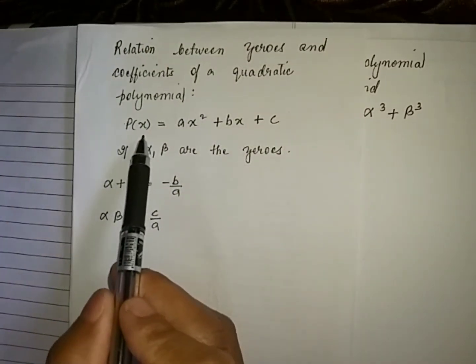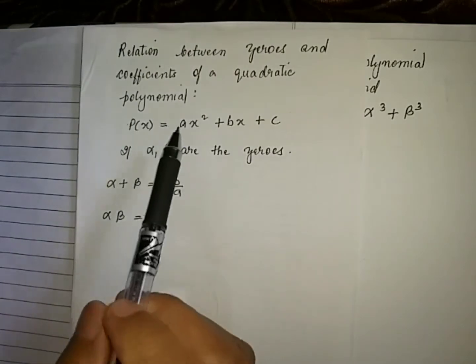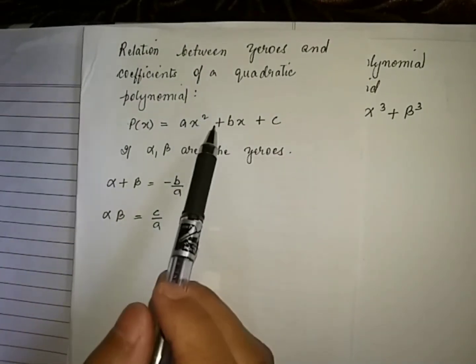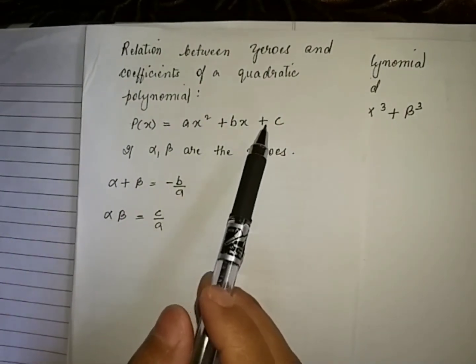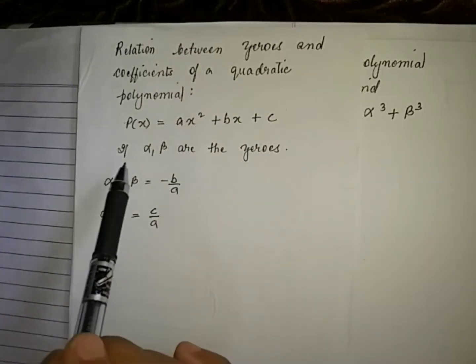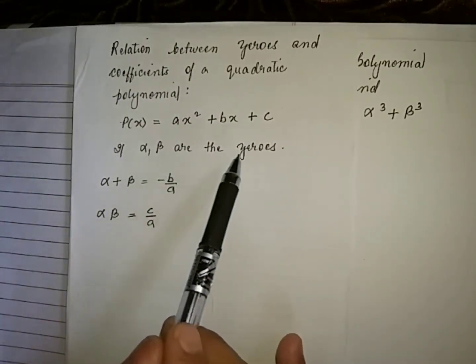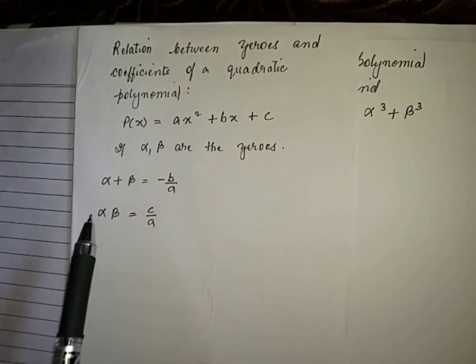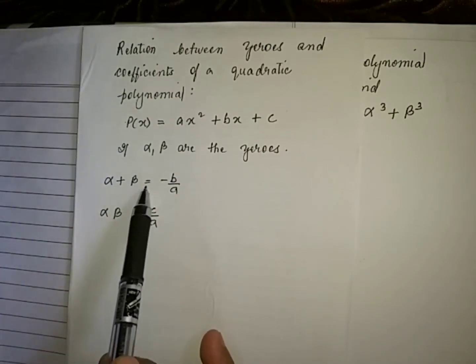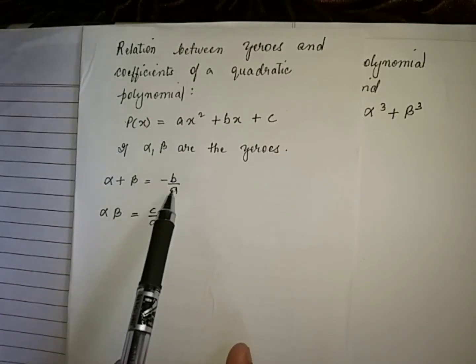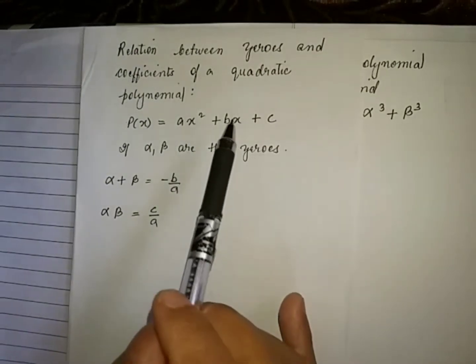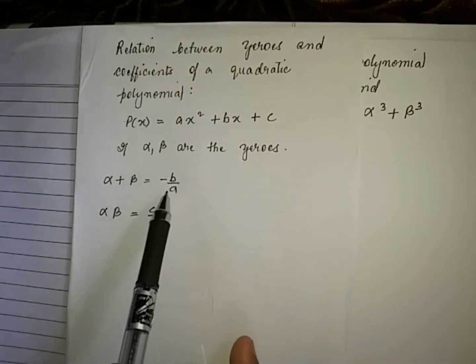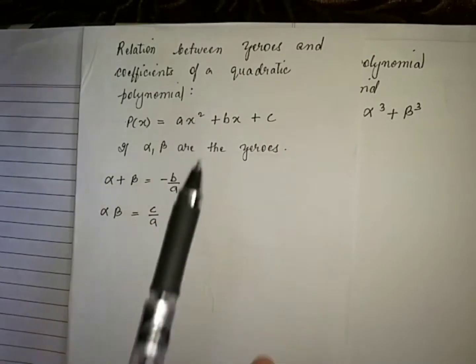if the given polynomial is p of x equal to ax squared plus bx plus c, and if we have alpha and beta to be the zeros of this polynomial, then alpha plus beta, which is the sum of the zeros, is equal to minus b by a. b is the coefficient of x and a is the coefficient of x squared.